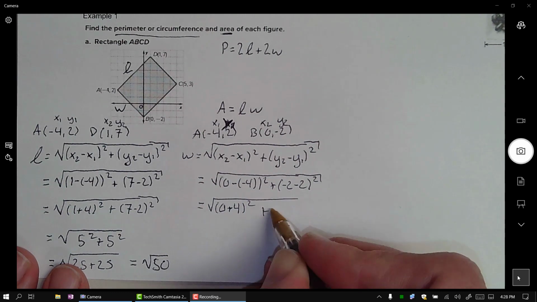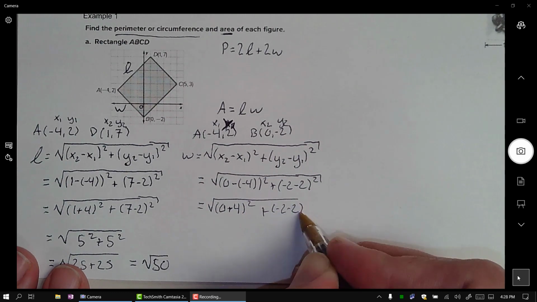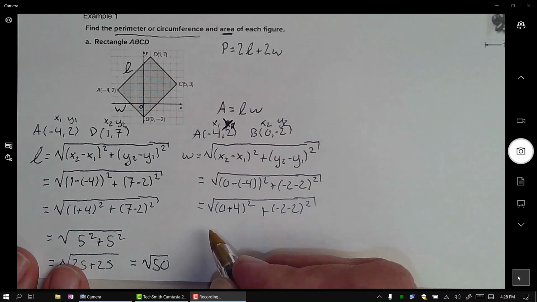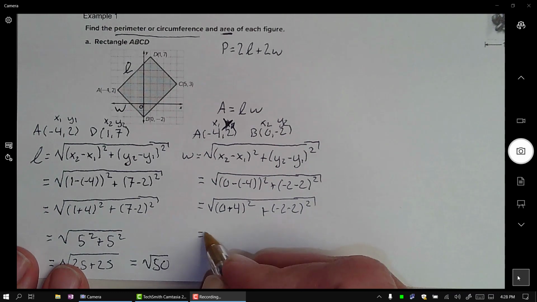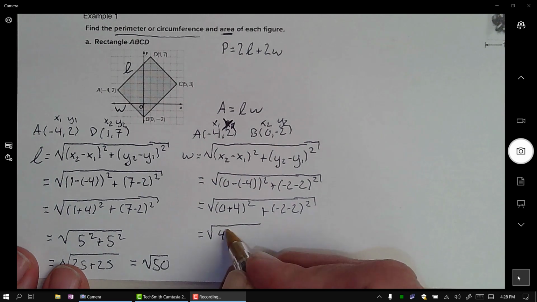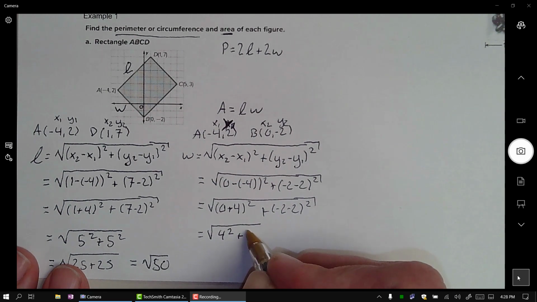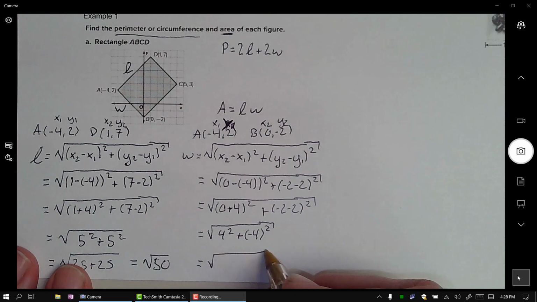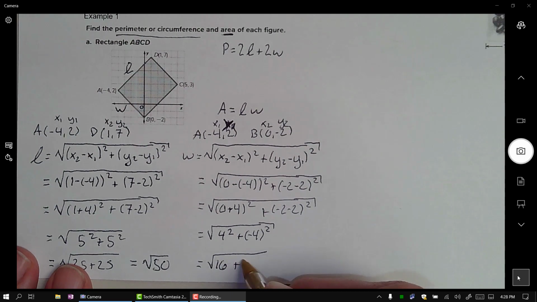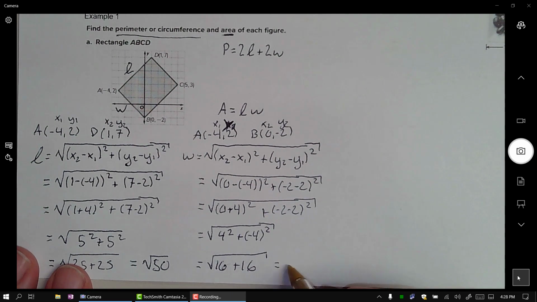And over here I just have -2 minus 2. So do the addition, do the subtraction. This gives me the square root of 4 squared plus -4 squared. Square it out. That gives me the square root of 16 plus 16, which is the square root of 32.